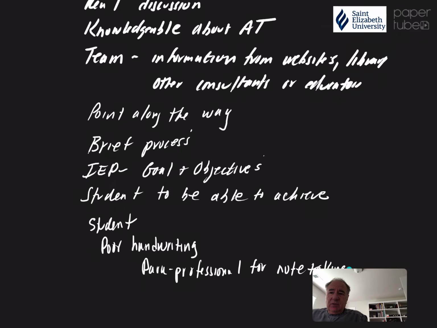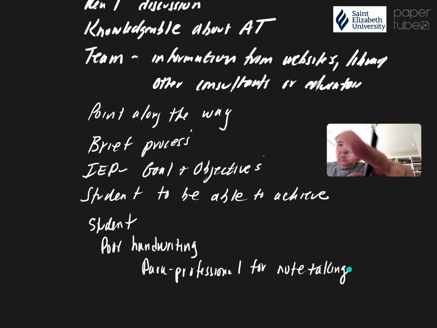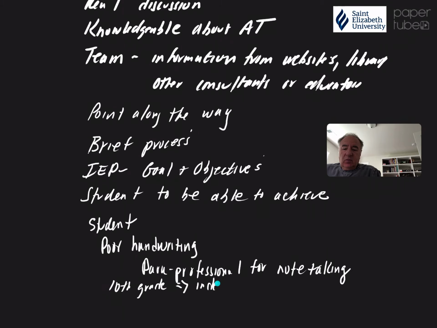But during the consideration process, the idea is brought up that the student is now in the 10th grade, and they would like some more independence. And so this is really going to be an important feature, the whole idea of independence.